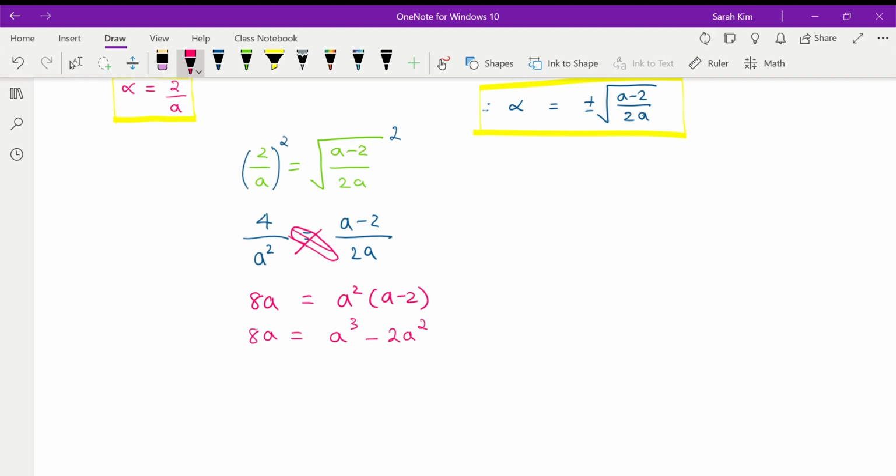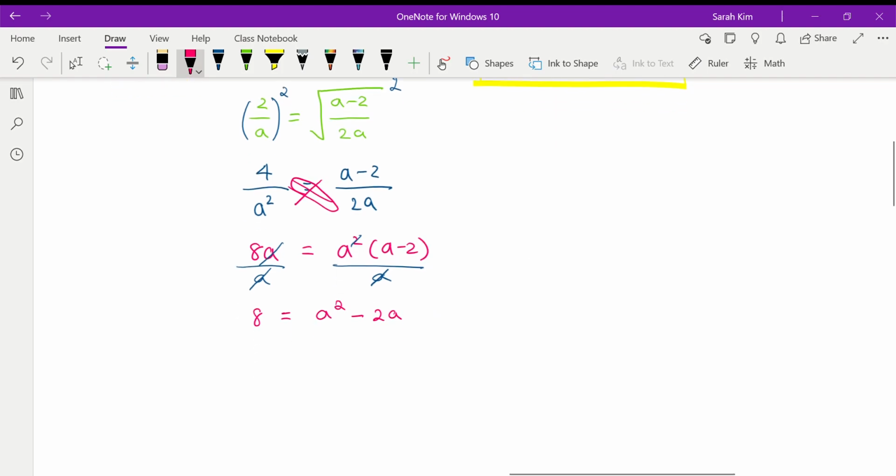Now what I might do is divide all of these by a single a term to make my life easier so I don't have to work with cubics. That just means I'm going to get an a term out of the whole equation, I'm using quadratics. It makes my life a little bit easier because I know how to solve quadratics. I haven't taught you how to do cubics yet.